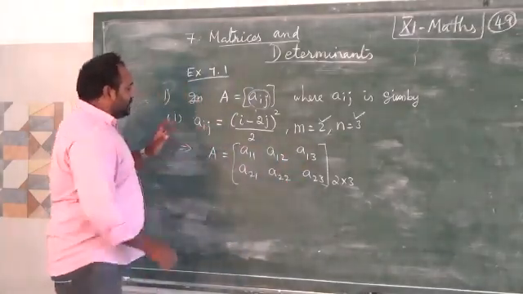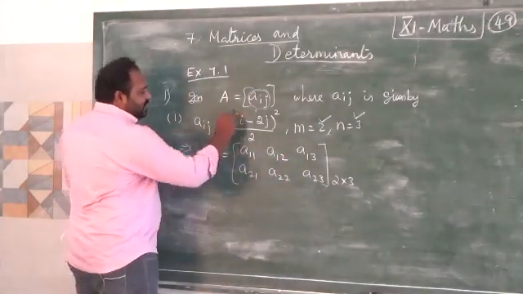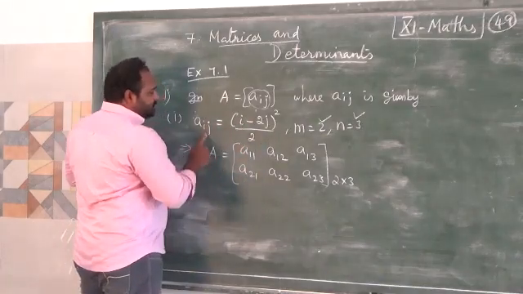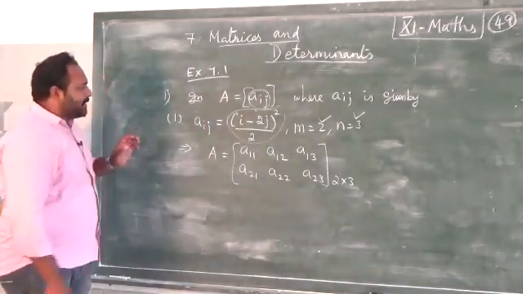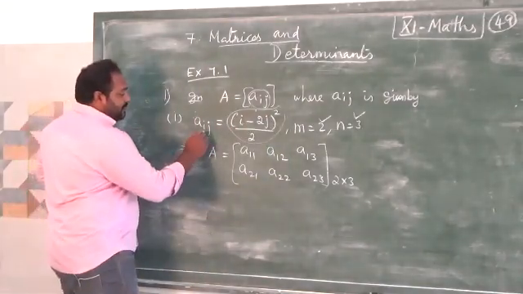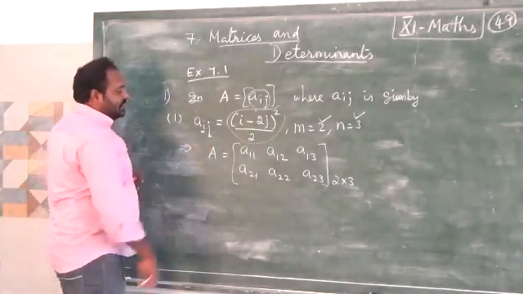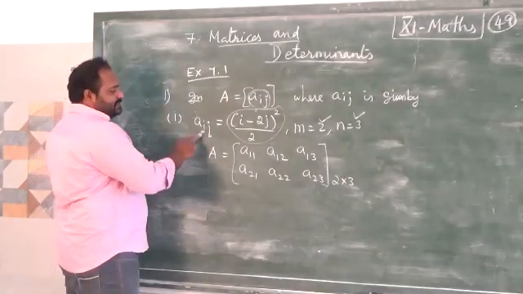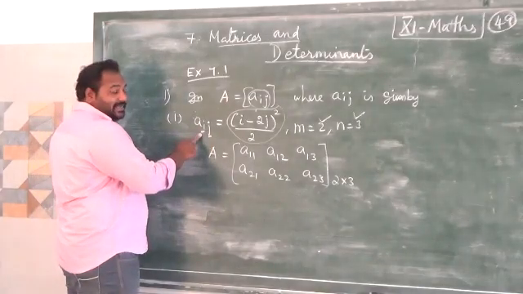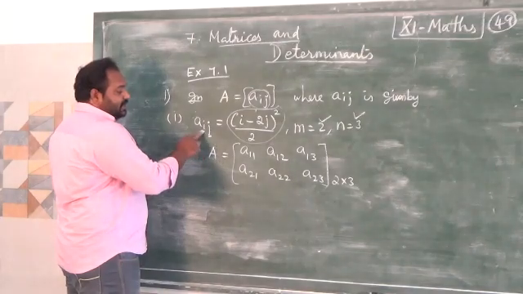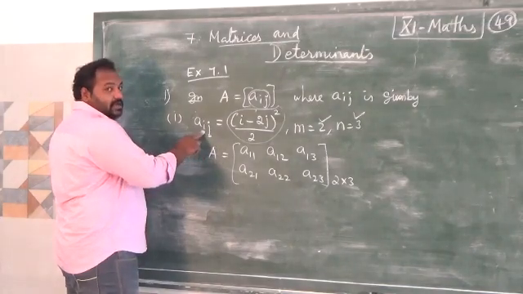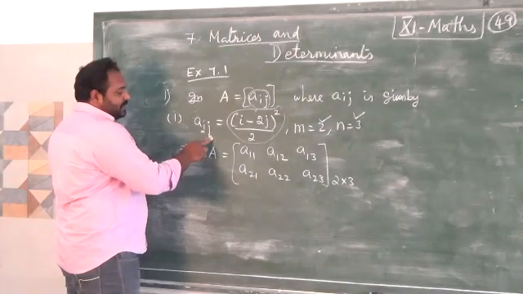Here the condition is that Aij is given, and it should be found from this given information. What do you mean by i and what do you mean by j? i is from the row, and j is from the column.